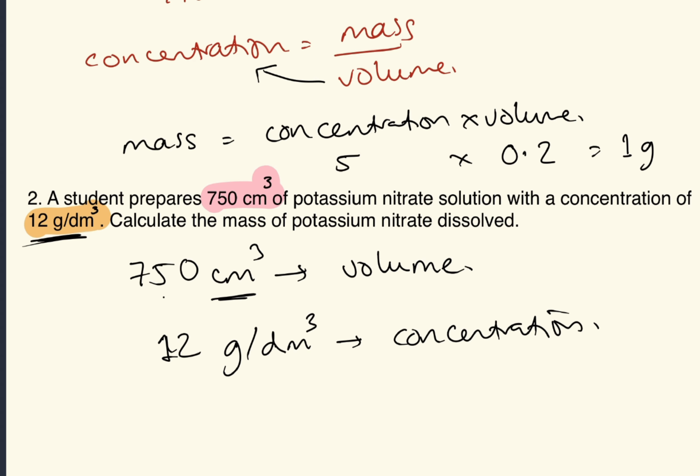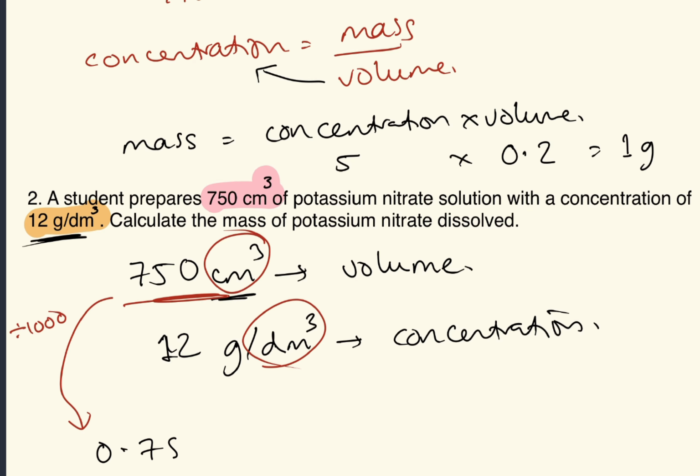Before we do anything, we have to convert this into decimeter cubed. We cannot use centimeter cubed against decimeter cubed here. It has to be both decimeter cubed or both centimeter cubed. To make it easier, we'll just convert this centimeter cubed into decimeter cubed by dividing by 1,000. When I divide this by 1,000, the new value becomes 0.75 decimeter cubed.